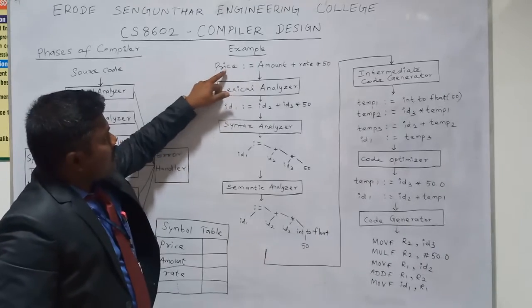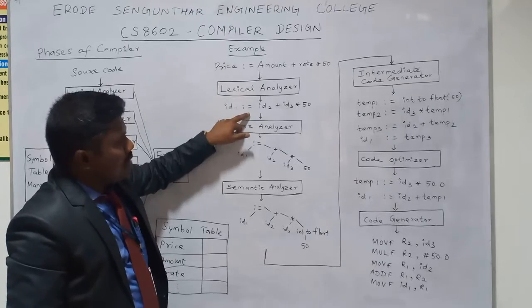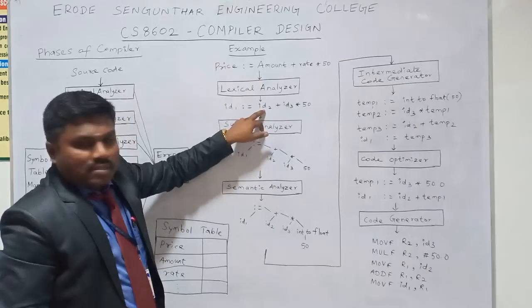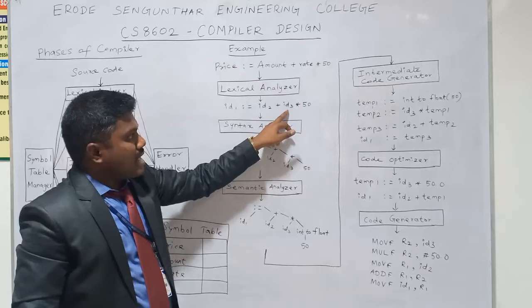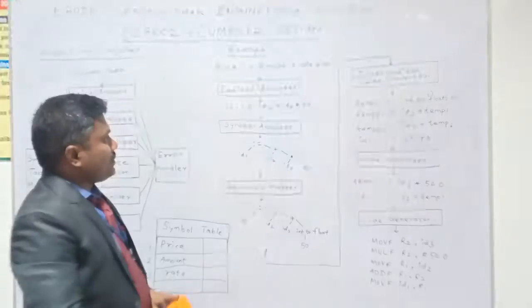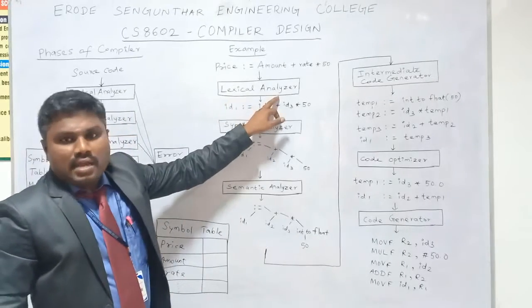This price is detected as ID1 and then equal to as it is. Amount we are detecting as ID2. This operator as it is, and then the rate is detected as ID3, star, and then 50 a constant value. These are the tokens generated by lexical analyzer.